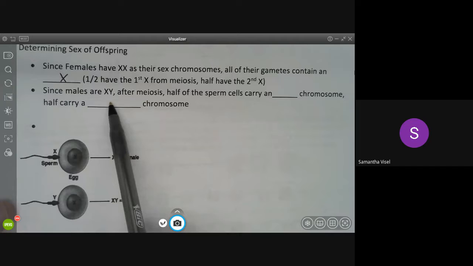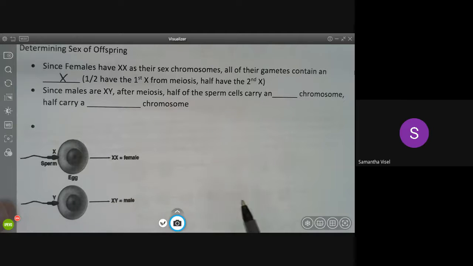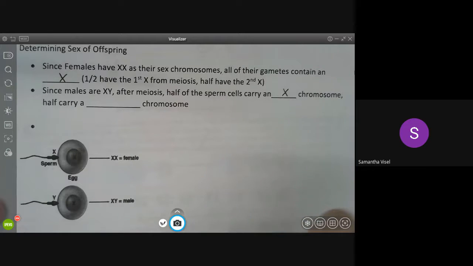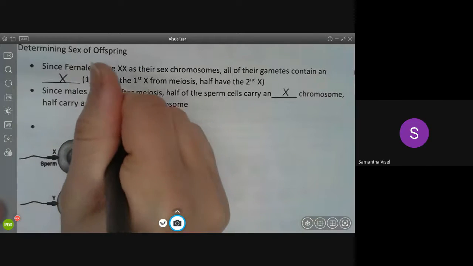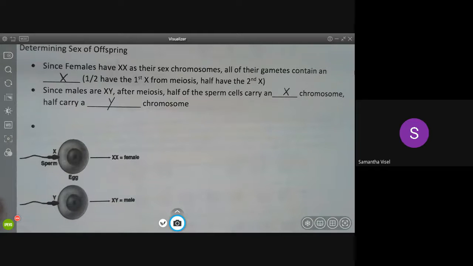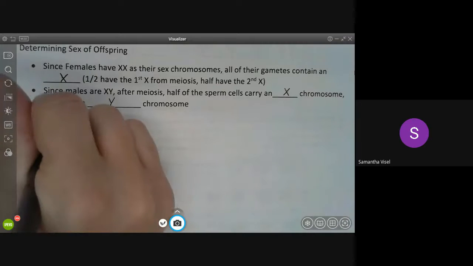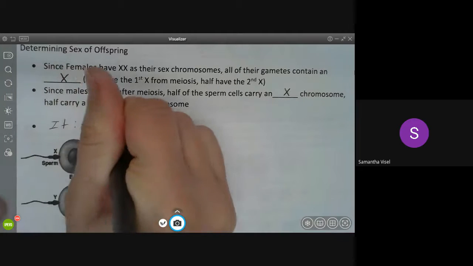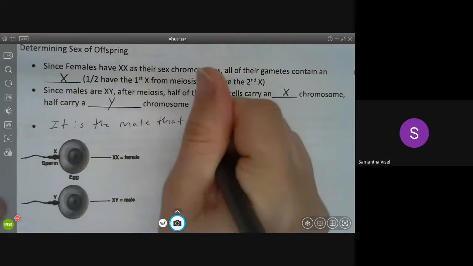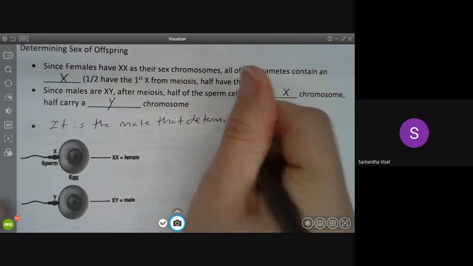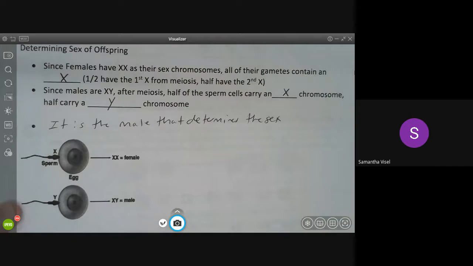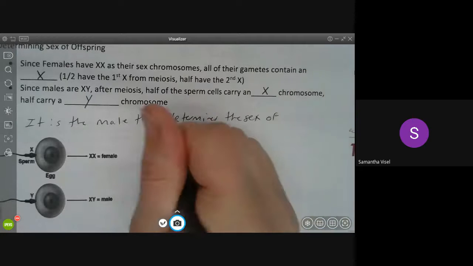Since males are XY, in the making of gametes in meiosis, where we're creating those haploid cells that have half the number of chromosomes, half of the sperm that are made will have an X chromosome, and the other half will carry a Y chromosome. So because females can only offer an X, but males can offer an X or a Y, it is the male that determines the sex of an offspring.